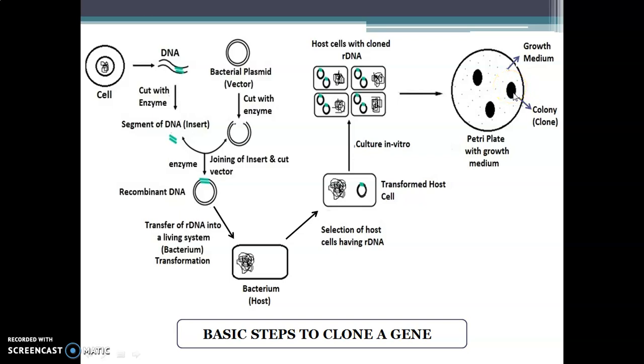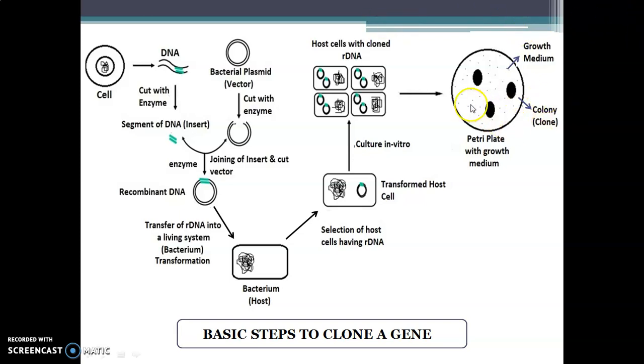Because a single colony is derived from a single bacterial cell and bacterium divides by binary fission, which is basically a method of asexual reproduction, all the bacterial cells in a single colony are genetically 100% identical to each other. That's why the colony can also be known as a clone.